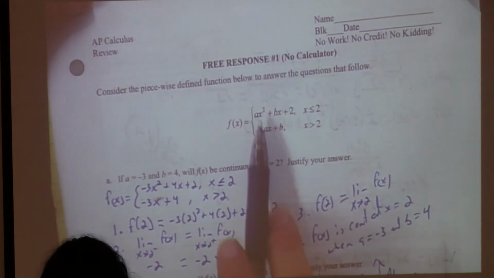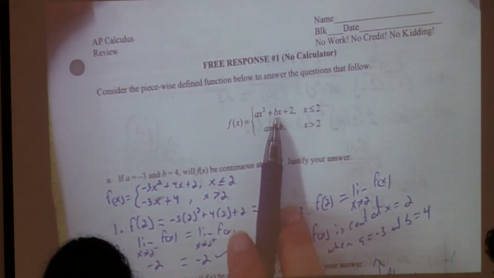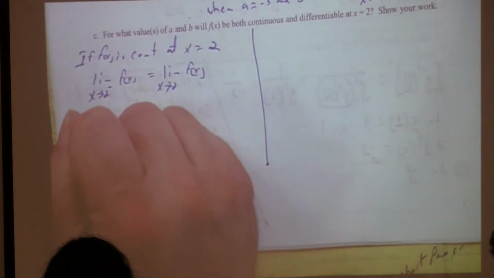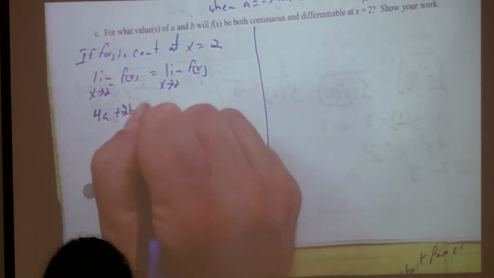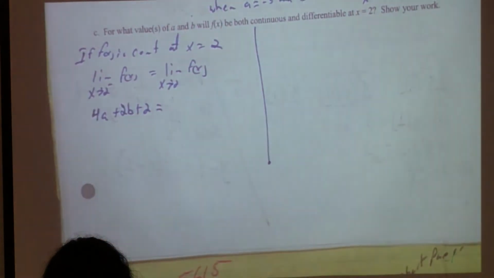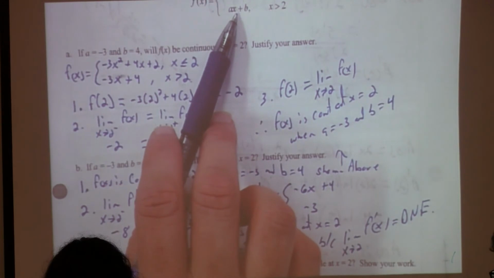So 2 squared, that's 4. So we're going to get 4a plus 2b plus 2. So that's what this limit is going to be, 4a plus 2b plus 2. That's going to equal the limit from the right, where you're going to put 2 in for x in this equation.